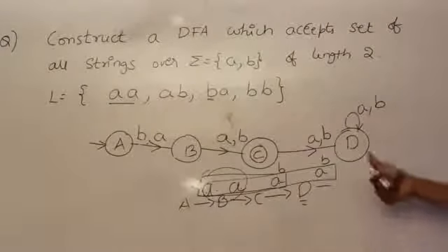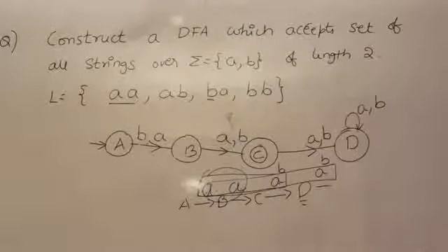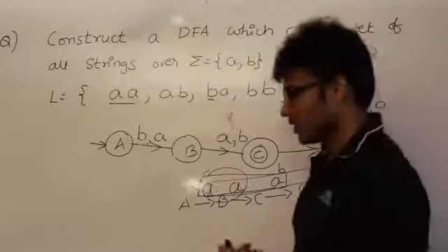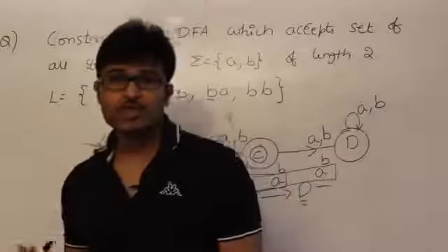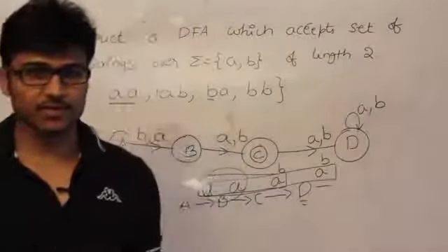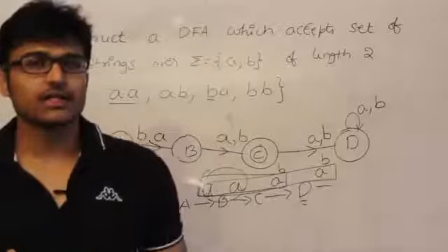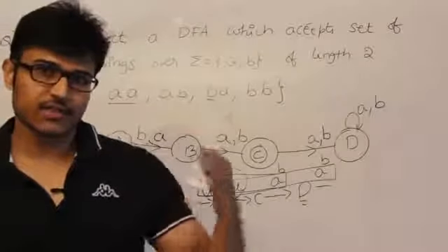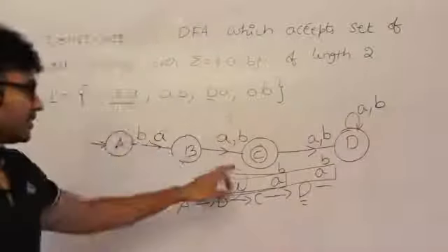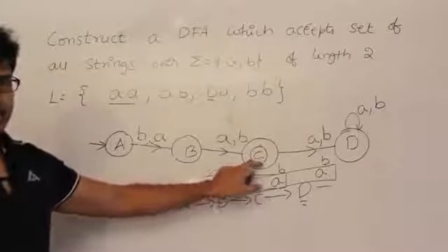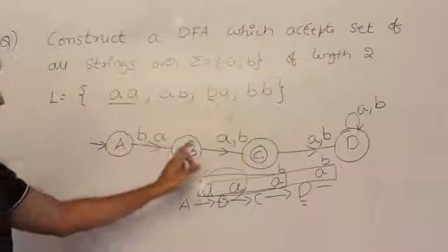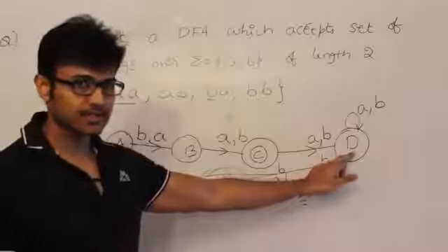That is why I call this state a dead state or trap state. You need not worry about the terminology. Basically we have only two kinds of states: final and non-final. In this case, C is the final state or accepting state, and A, B and D are non-accepting states.